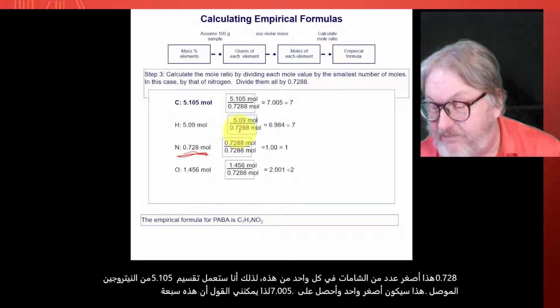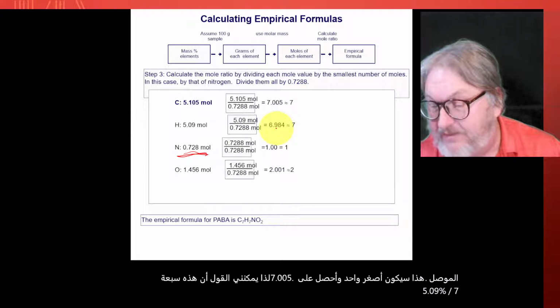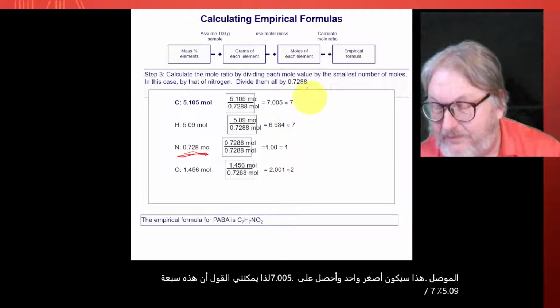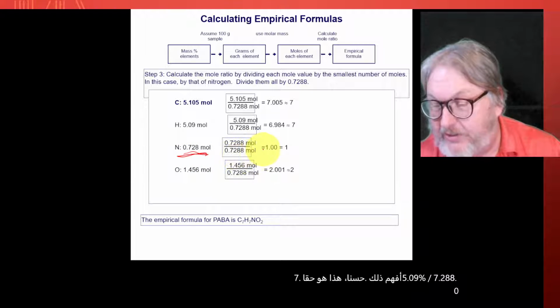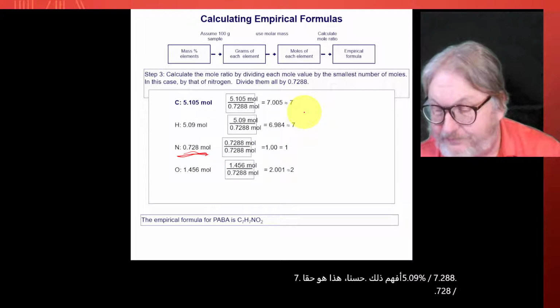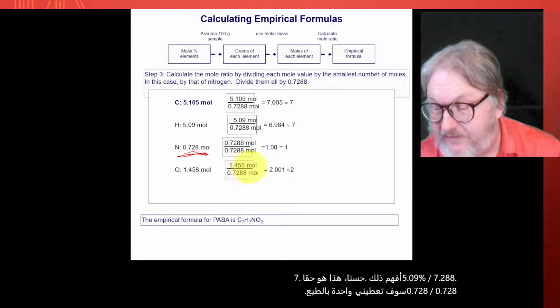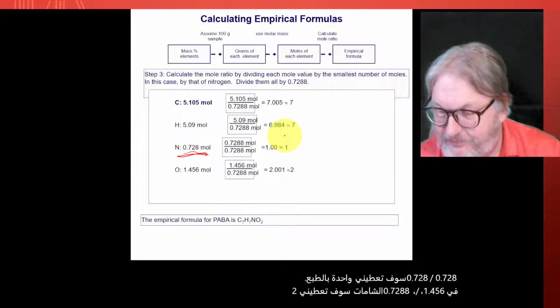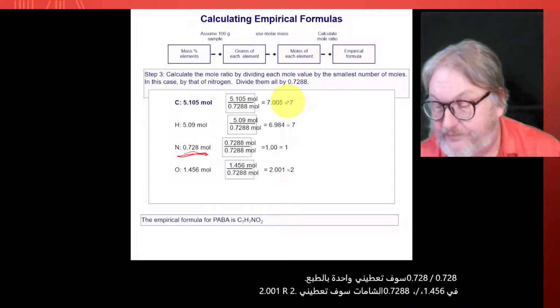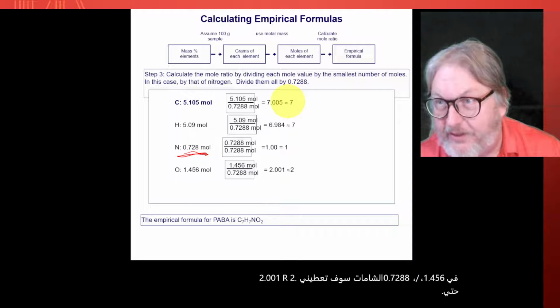5.09 divided by 7.288, I get that. Well, that's really 7. 0.728 divided by 0.728 is going to give me 1, of course. And 1.456 divided by 0.7288 moles is going to give me 2.001, or 2. So I can write the empirical formula now.